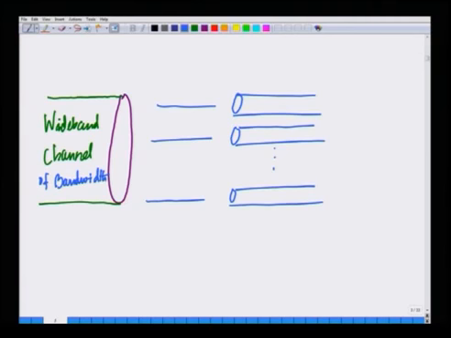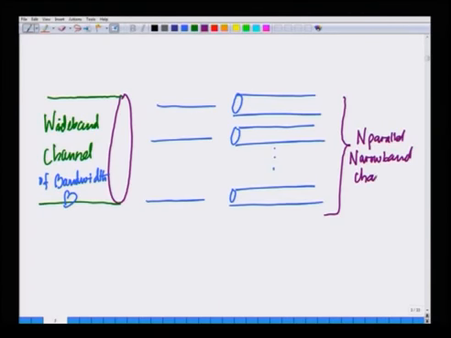I have used OFDM to convert this into a set of N parallel narrowband channels.